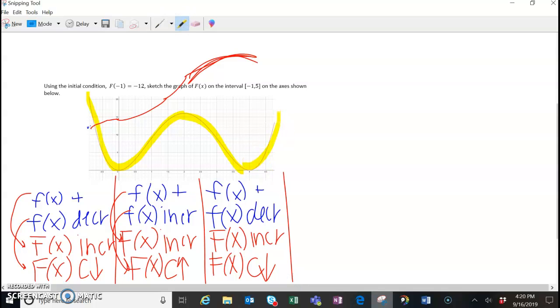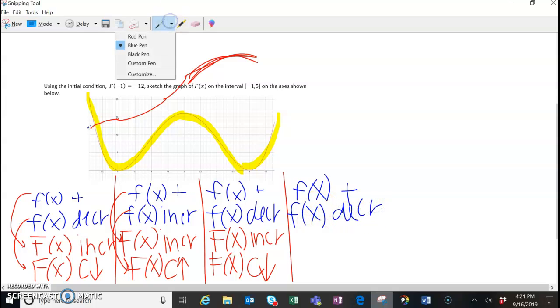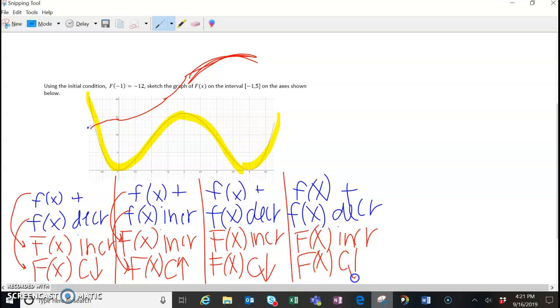For that last little stretch of curve, I've got again a function that's positive and a function that's decreasing, which leads to an antiderivative that's increasing and an antiderivative that's concave down. So increasing and what did I do, you guys?